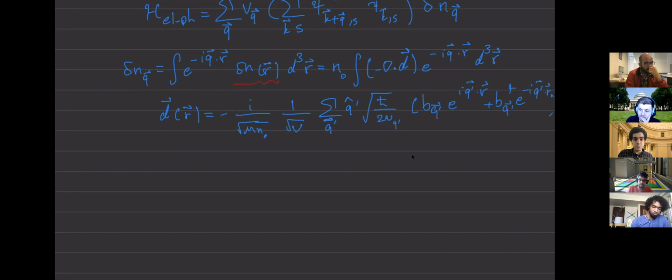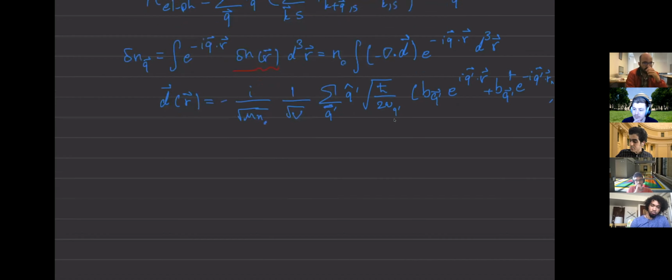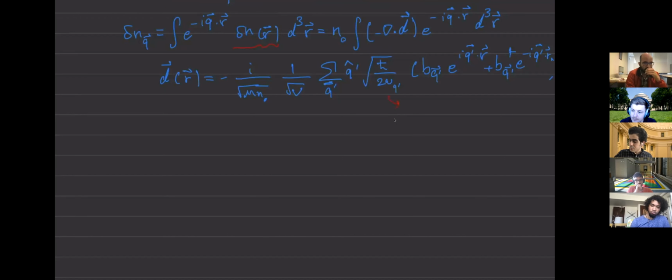And moreover, what you can see is that these are only longitudinal phonons, because my displacement vector is in the direction that is described by my wave vector. And also, what we have here, omega q, is my phonon energy.